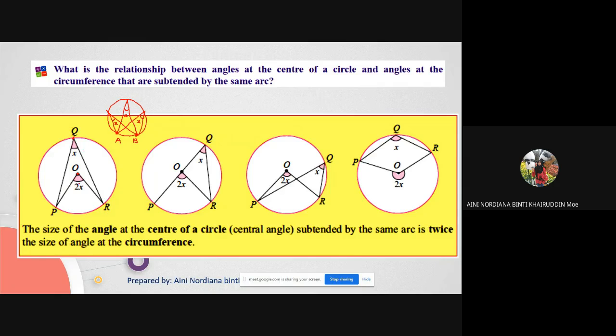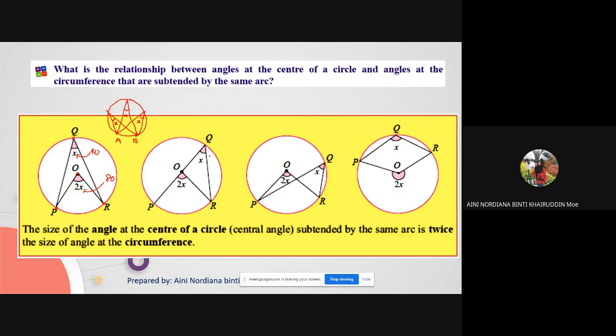Okay, if angle at circumference is 40, so angle at center is 80. Angle at center twice. It came from the same arc PR. Okay, this is the same one.